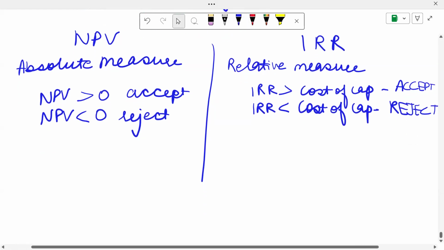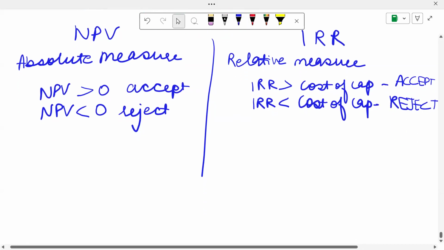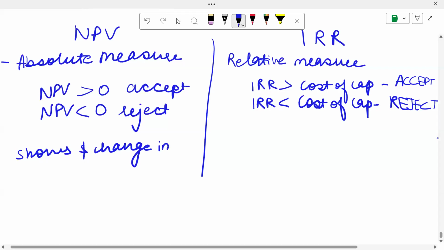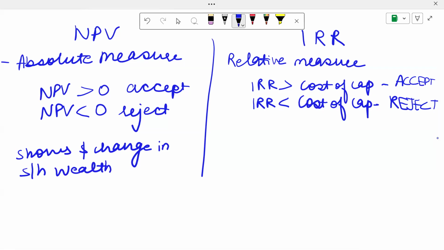And then another thing that you can talk about is that NPV shows the dollar change in shareholders' wealth, which is nothing but an extension of the first point, that it's an absolute measure. Now, when it comes to IRR, it does not show the absolute change in wealth.